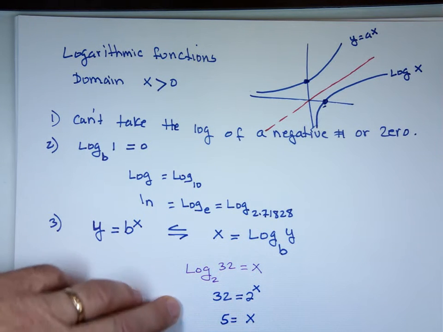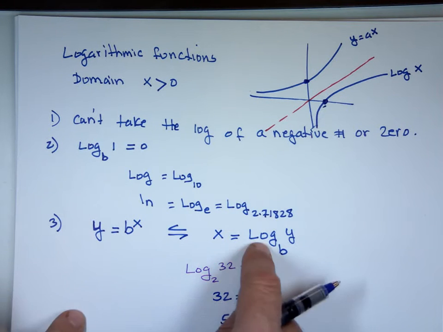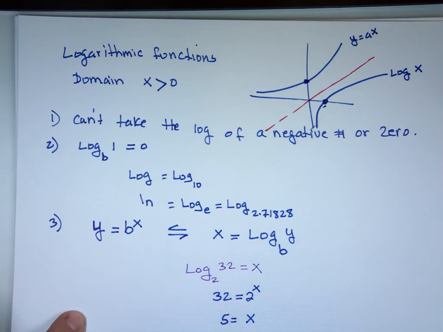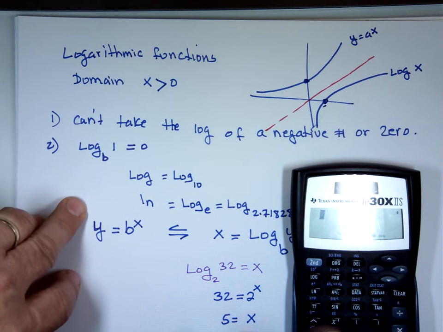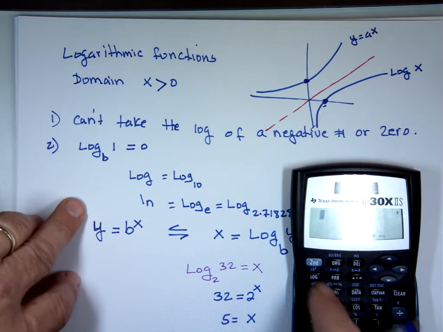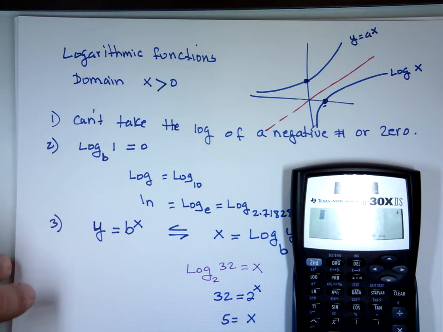X will have to be 5. So by switching it to this, I managed to solve that. If I wanted to use my calculator, it doesn't really help me because I don't have log base 2 on this one. This has only log 10 and log e. Now some of you might have a programming calculator, you can put any base there. Mine doesn't.